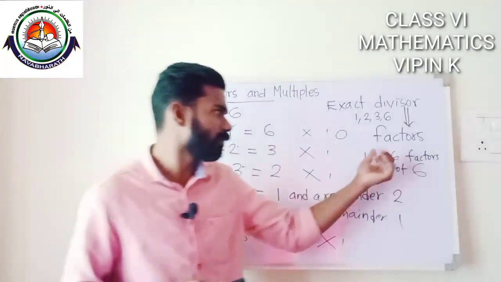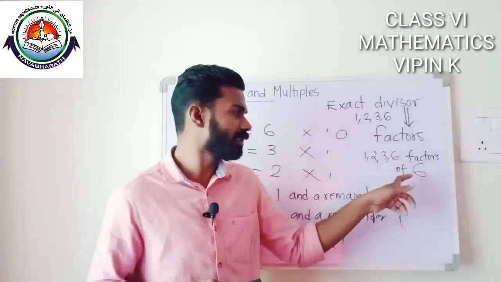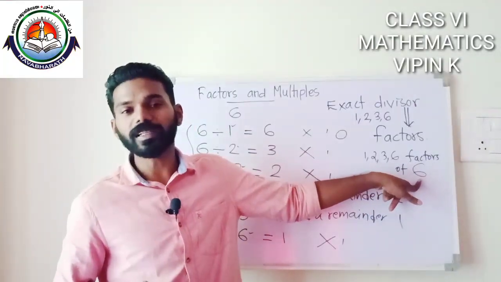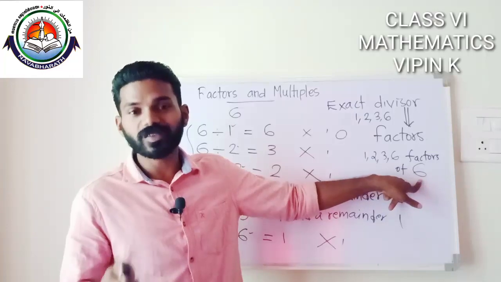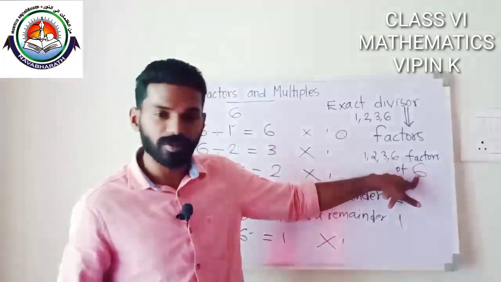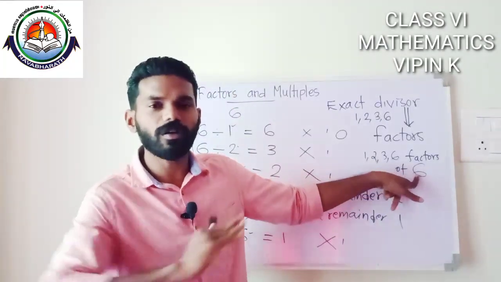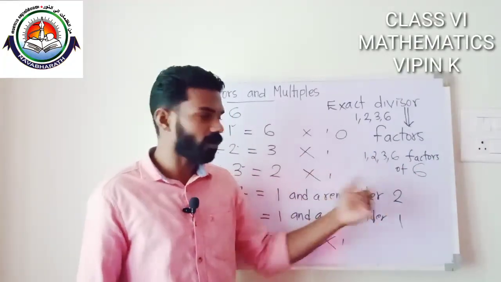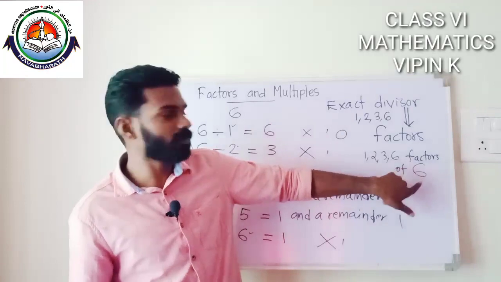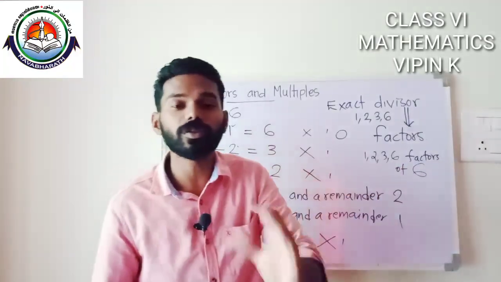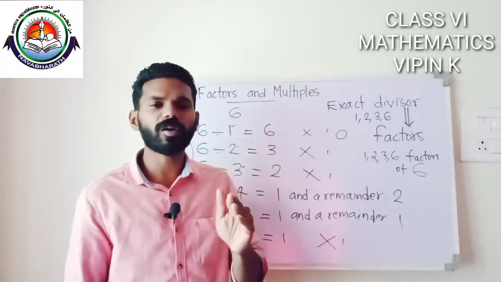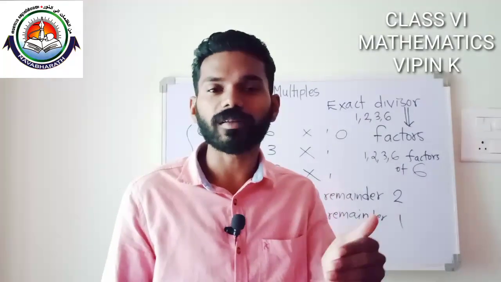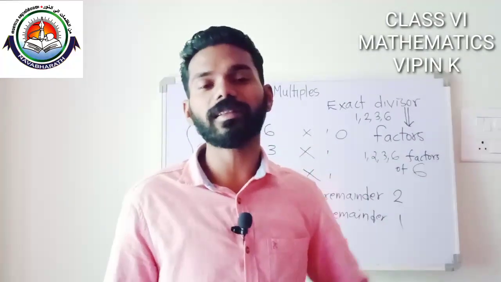Now you just look here. You can see that when we consider the number 6, and if we are considering the factors of the number 6, all the factors are either less than 6 or at maximum equal to 6. There would not be a factor of a number which would be greater than that number.